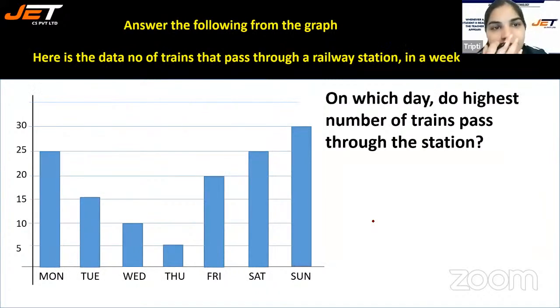Here is the data of the number of trains that pass through a railway station in a week. On which day do the highest number of trains pass through the station?